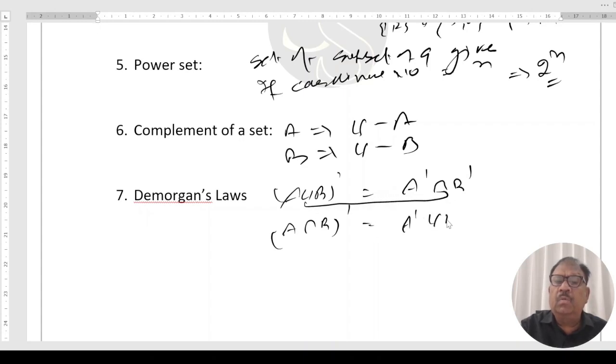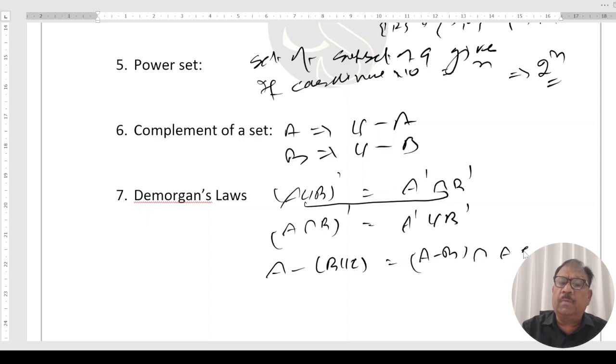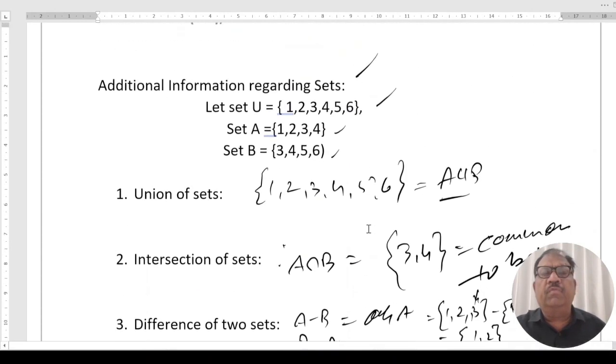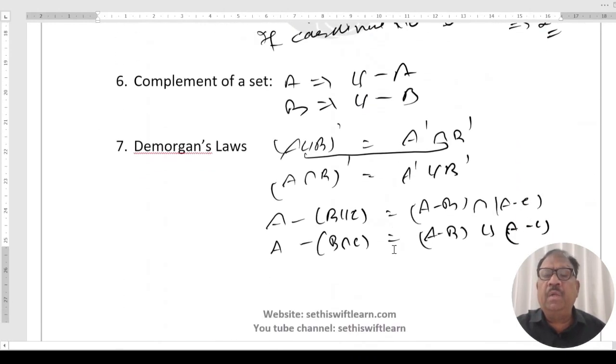Next, A minus B union C can be written as the intersection of A minus B and A minus C. Similarly, A minus B intersection C is the union of A minus B and A minus C. Right? This is all regarding the additional information on sets. Next question.